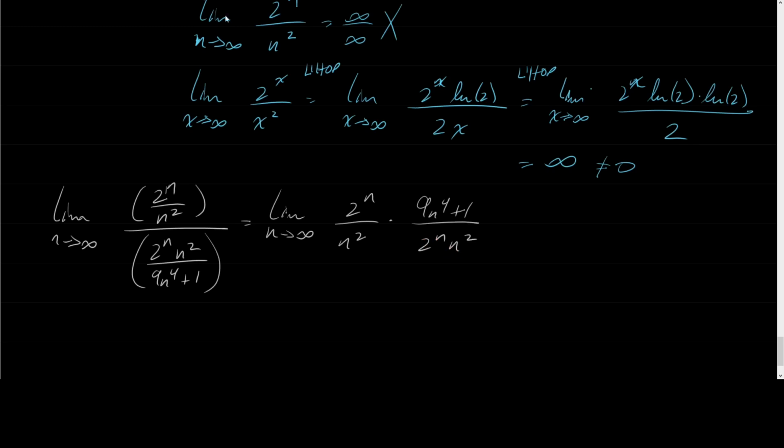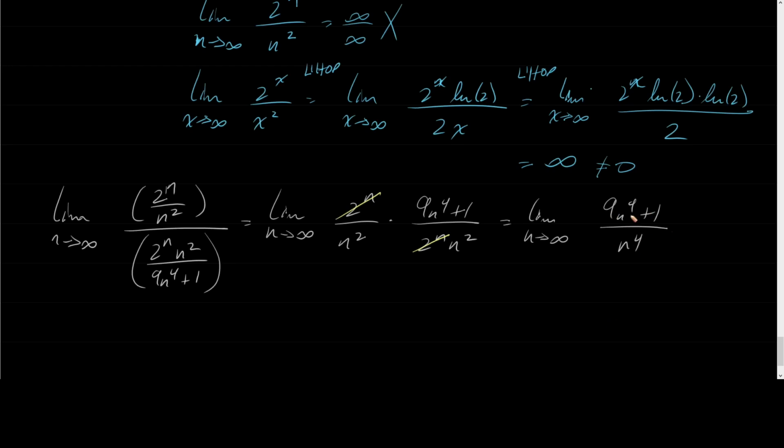At that point, what do we see? Well, n squared and 2 to the n and 2 to the n cancel each other out. N squared times n squared can be combined. So what do we get? The limit as n goes to infinity of 9n to the fourth plus 1 over n to the fourth.